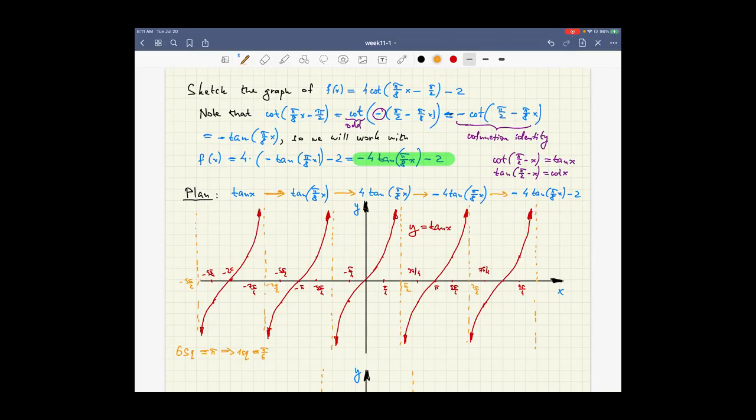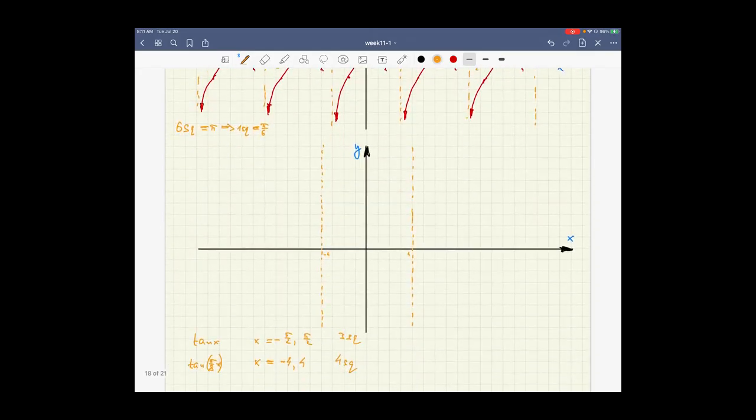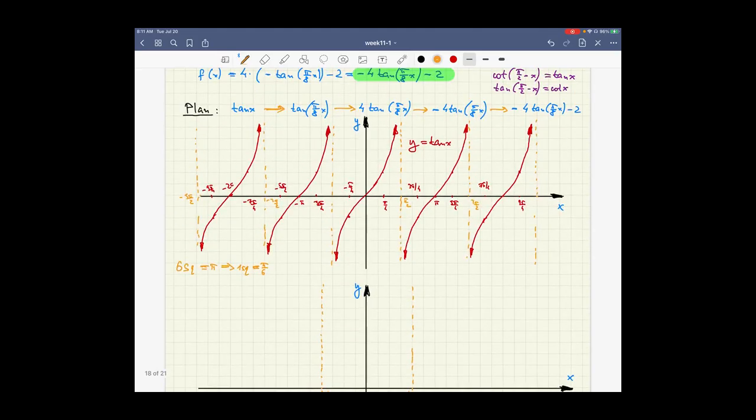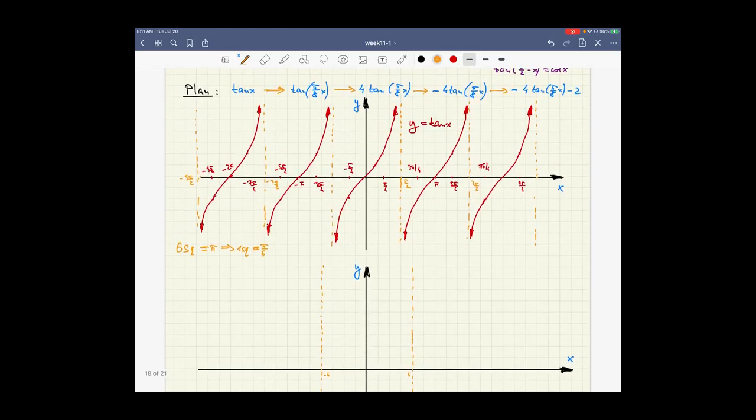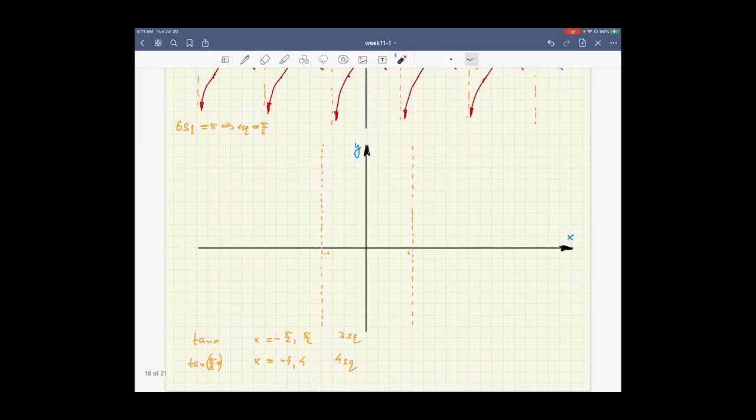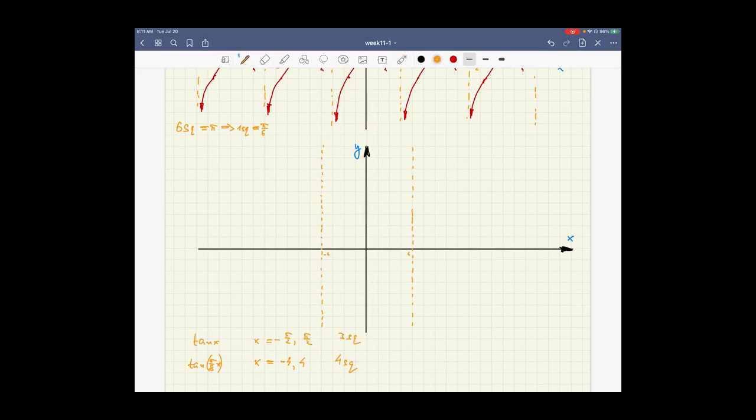Tangent pi is actually defined at 12 and negative 12, because this function will be with what period? Pi over 8, so period is 8. This is now 12 and negative 12.